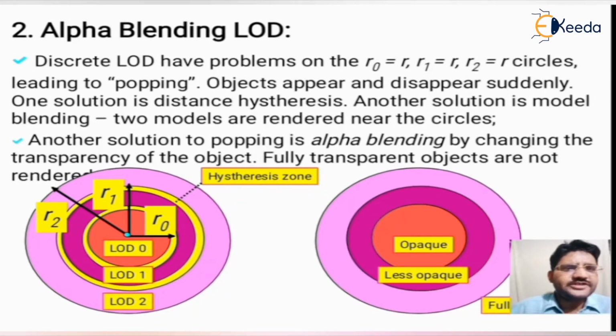The solution to this problem is distance hysteresis. Another solution is model blending, where the two models are rendered near the circles. Another solution to popping is alpha blending, by changing the transparency of the object, and fully transparent objects are not rendered. In the diagram we can see.